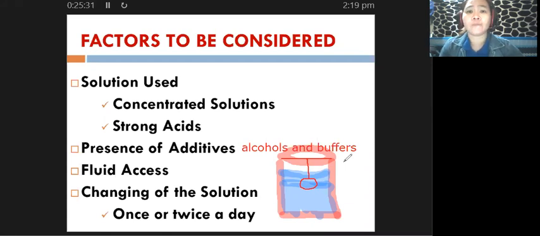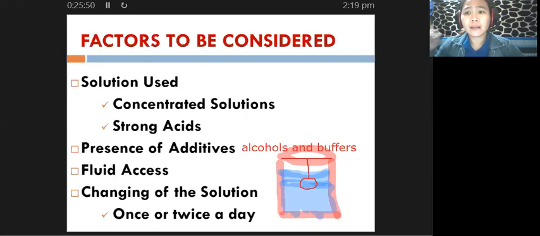Why? Because if you look at how your calcium salts, how your mineral deposits are removed from your tissue sample, it is by way of precipitation.